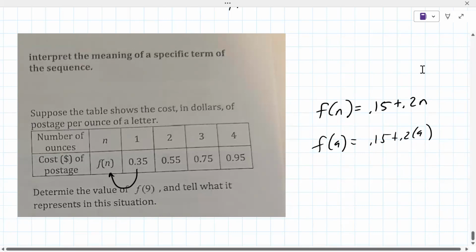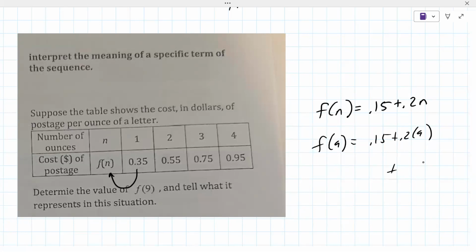So f of 9 is 2.67. That's a little bit off here. 0.2 times 9 is 1.8. Oh, yeah, I mistyped it in my calculator. So it's 1.8 plus 0.15, so it's 1.95.